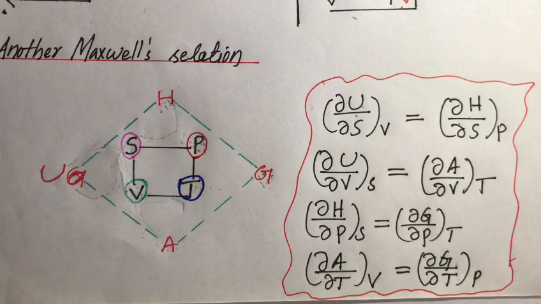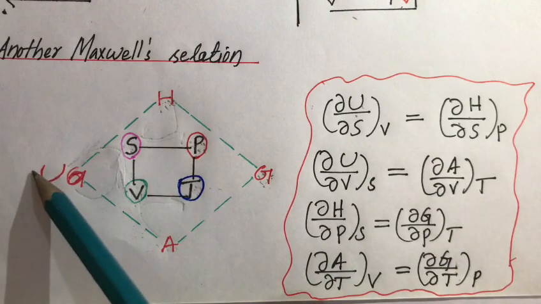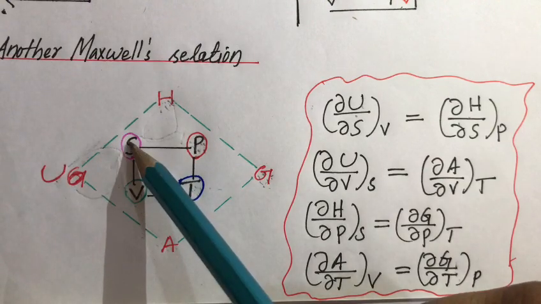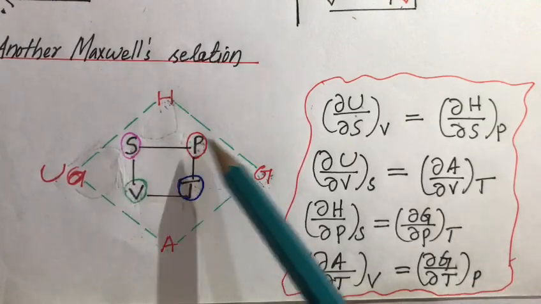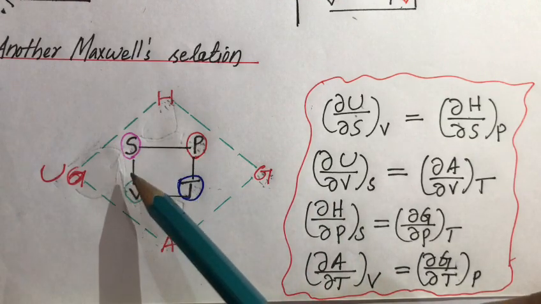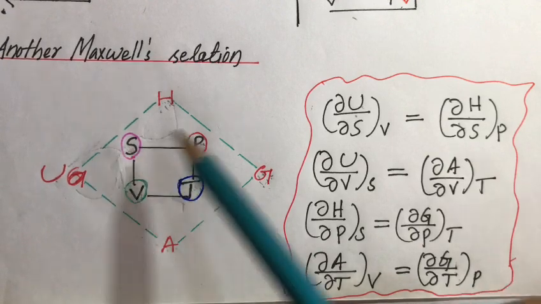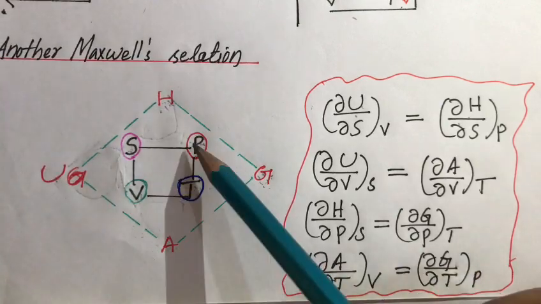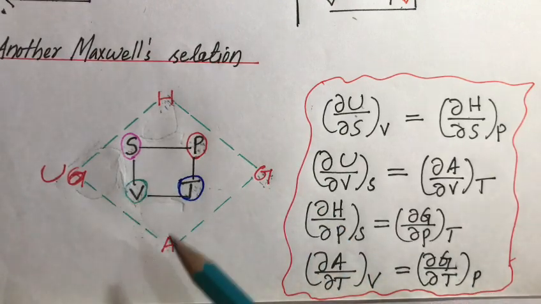Now for producing this relation we have the thermodynamic function U. Its related variables are S and V; H is related to S and P; G related to P and T; A related to V and T. To produce this relation we consider four corners: the S corner, P corner, T corner, V corner. The S corner is related to H and U, P corner to H and G, T to G and A, V to U and A.